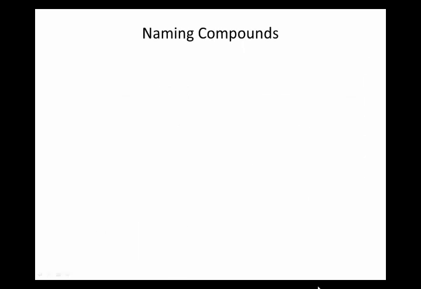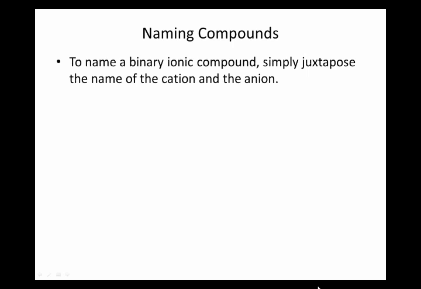Here's how we actually name the ionic compounds. As I said, to name a binary ionic compound, you just name the cation and then you name the anion. We don't need to specify what the formula is, right?